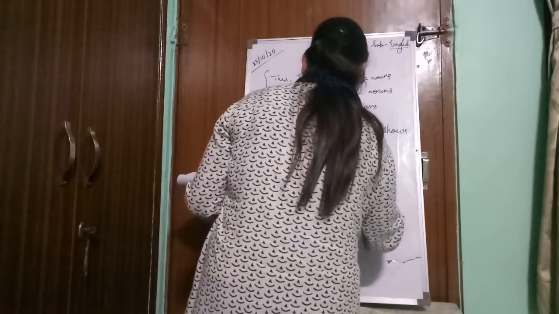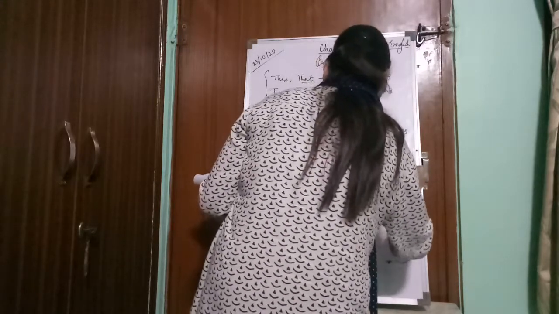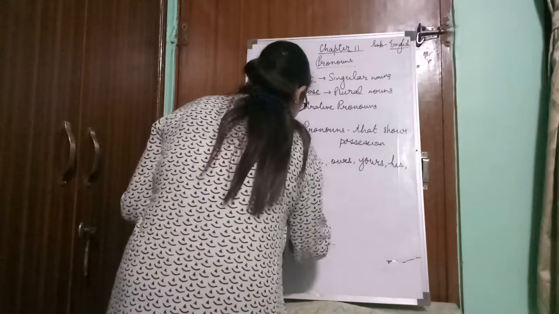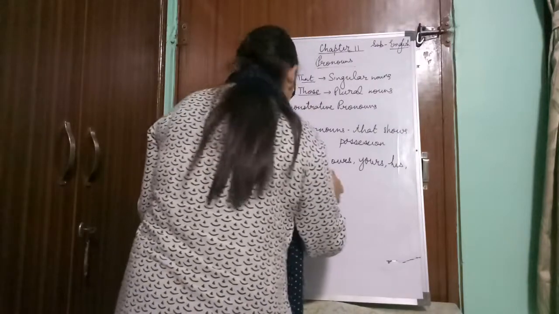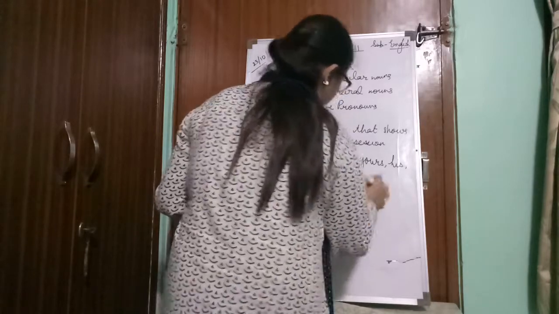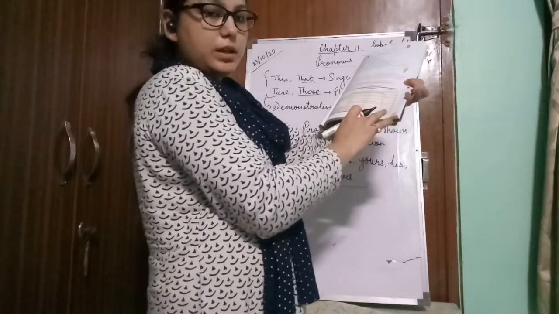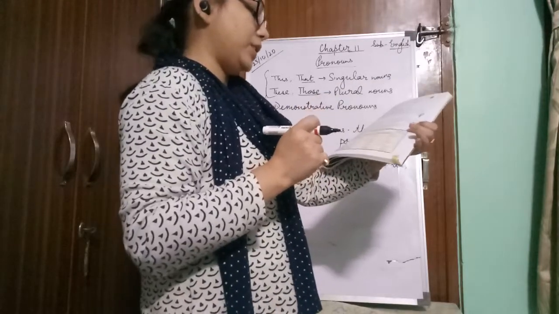For second person it is yours. For third person singular it is his and hers. And for third person plural it is theirs. So these are the possessive pronouns. You can see the possessive pronouns here in this table which is given on page number 53.